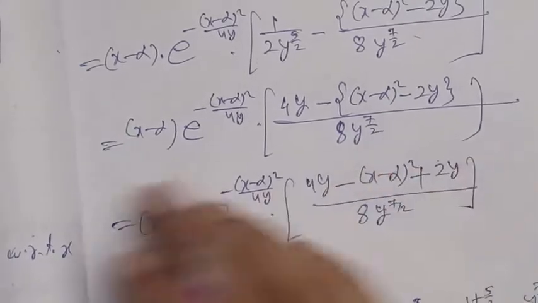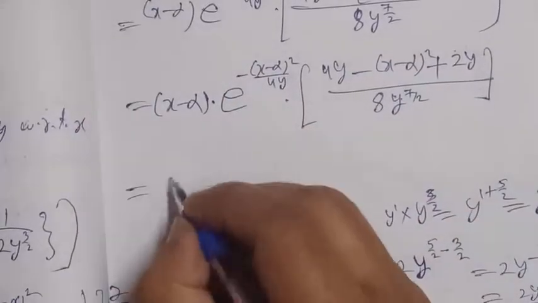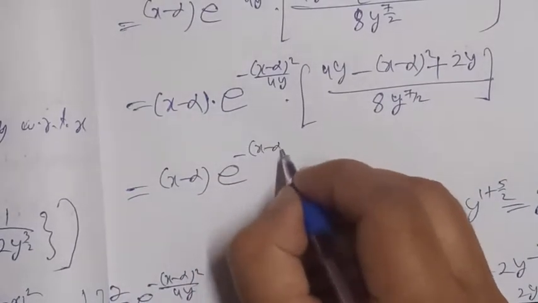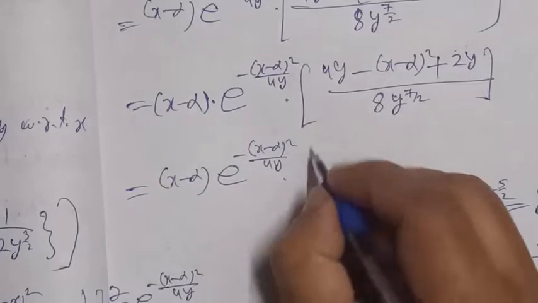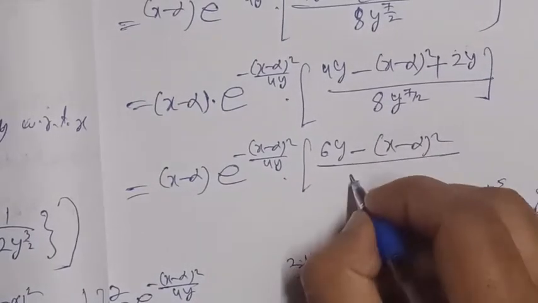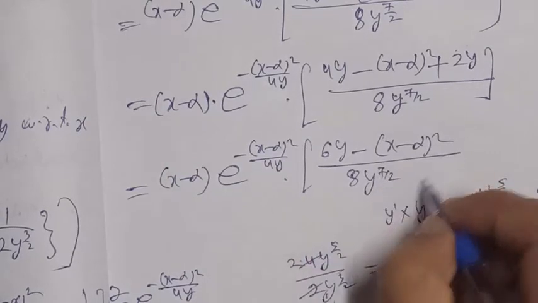4y and 2y becomes 6y, so I write in the next step (x minus alpha) e to the power minus (x minus alpha) whole square upon 4y and 6y minus (x minus alpha) whole square upon 8y to the power 7 by 2.